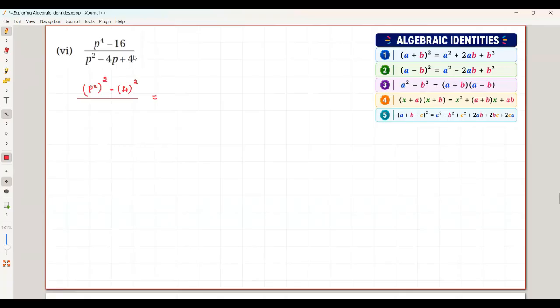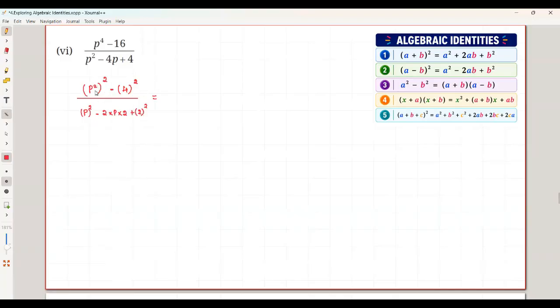So we can write it as a square, minus 2ab, that is minus 2 into a value p into b value 2, plus 4, which we can write as 2 the whole square. Now here what is the a value? P is the a value, and b value is 2.